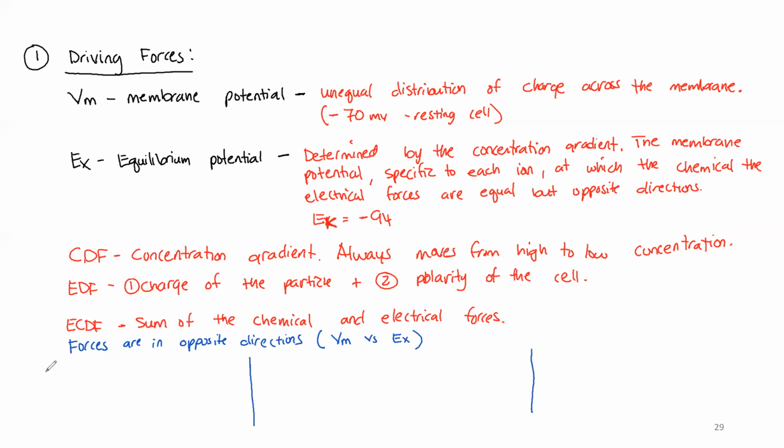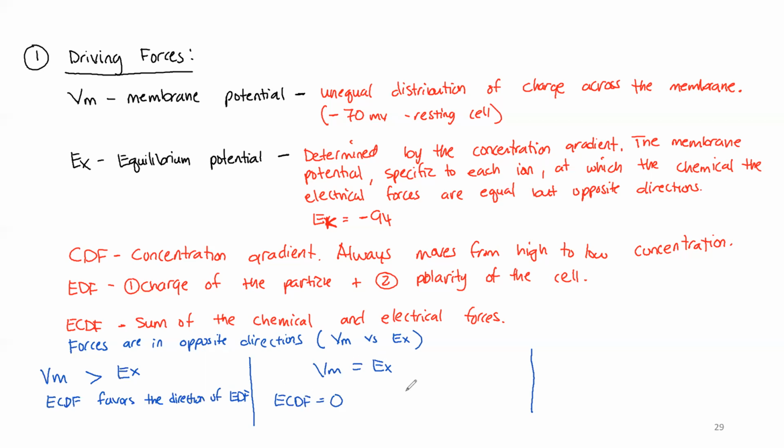Okay, so if the membrane potential is greater than the equilibrium potential for that ion, then the ECDF favors the direction of the electrical driving force, okay? If the membrane potential is equal to the equilibrium potential, then the ECDF is 0, right?